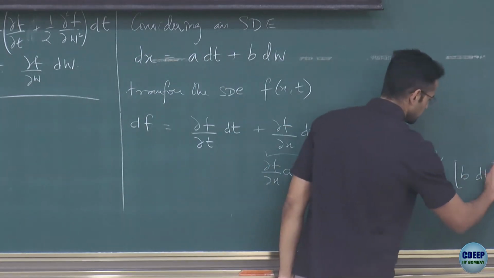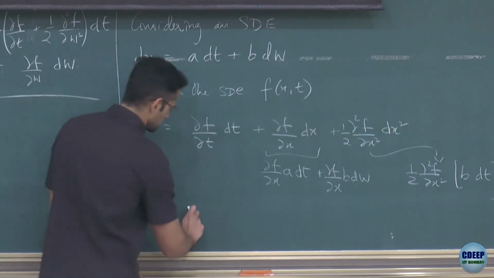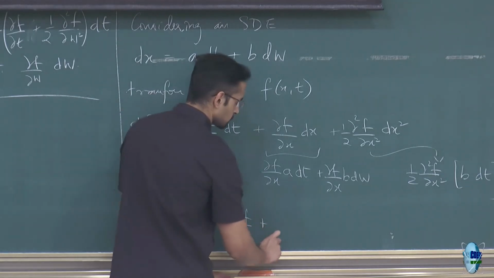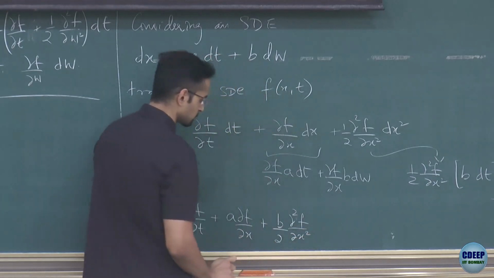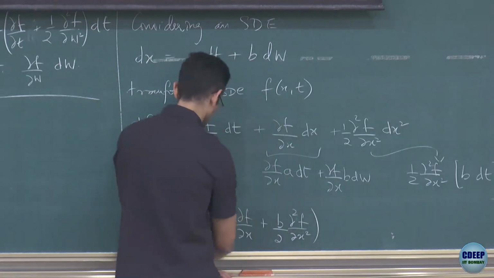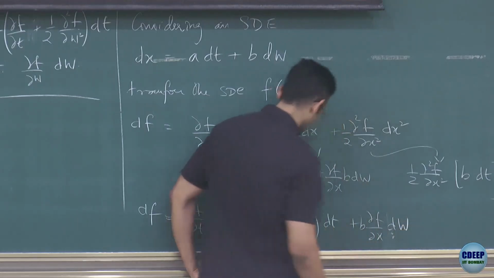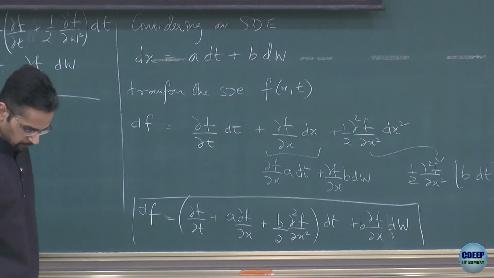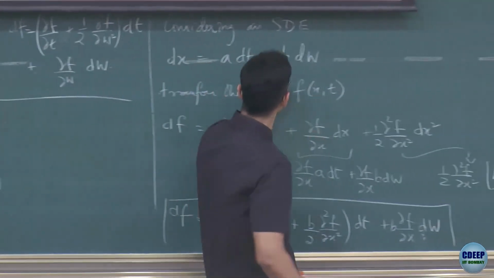So I'll get b dt. Sorry, I had dx square, right? So it should be b square.